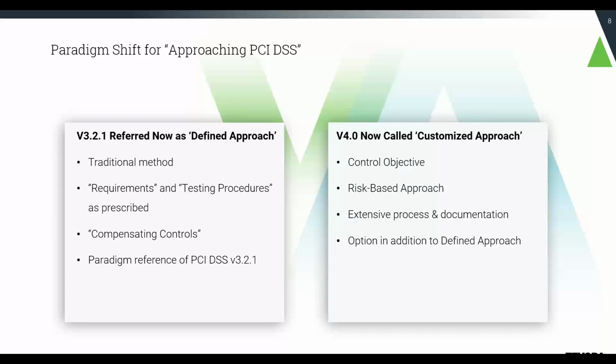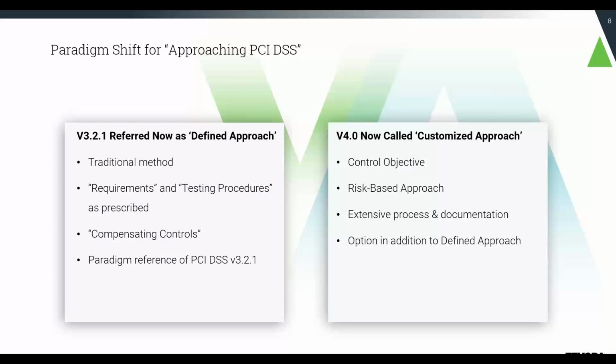In 4.0, there's now a second category called the customized approach, which really is more about the control objective. There are some parallels between compensated controls and customized approach, but the key difference here is that the customized approach is more risk-based, where we'll go into more details later in the slides as to when you would use a customized approach over a compensated control.